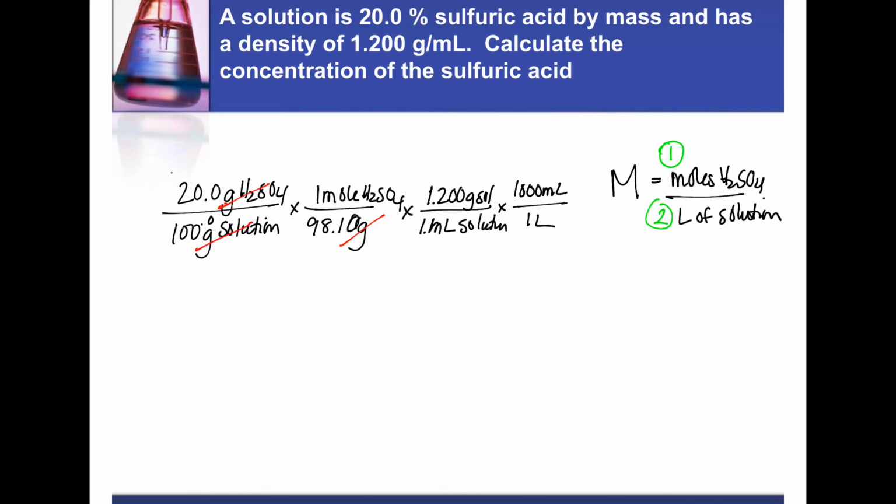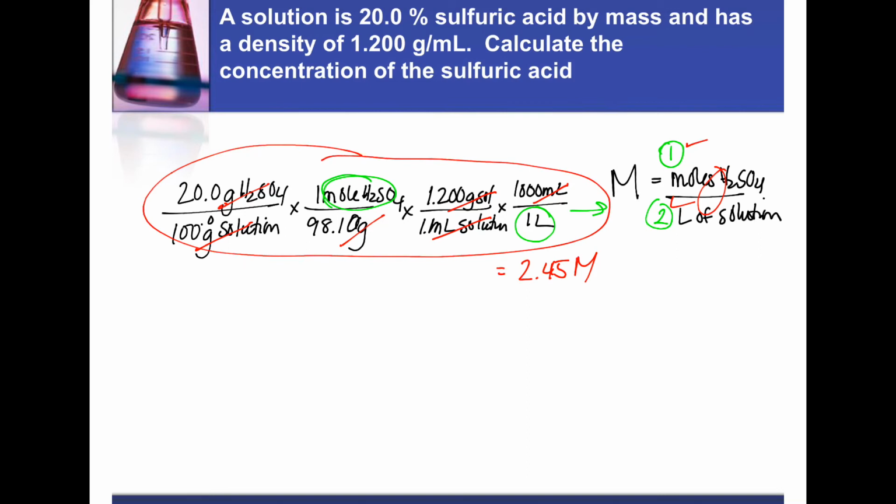Grams of solution cancels out with grams, milliliters of solution cancels out with milliliters, and the units I'm left with are moles of sulfuric acid on the top, liters of solution on the bottom. That's molarity, and when you do the math, you still get 2.45 molarity. Okay, so it's just different flavors. You're more than welcome to do them one step at a time and then divide, or you can do the calculation all together.